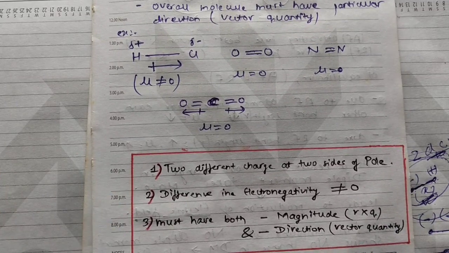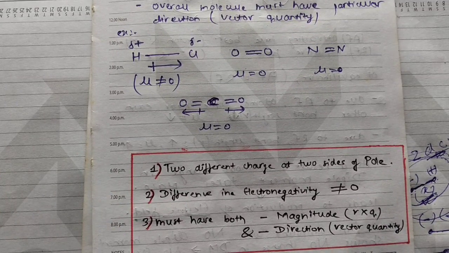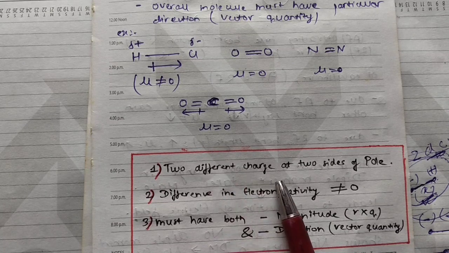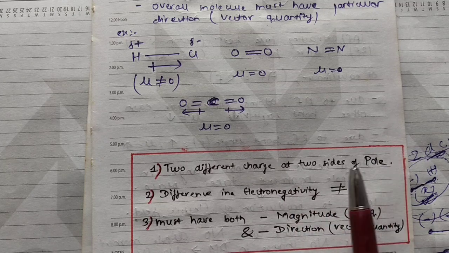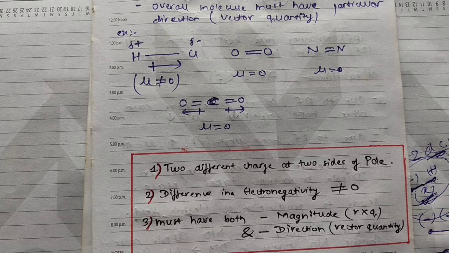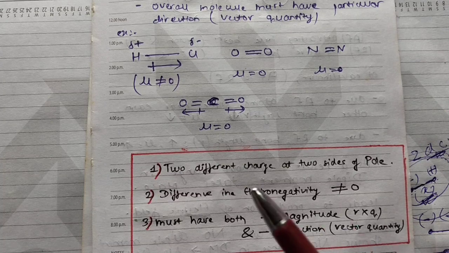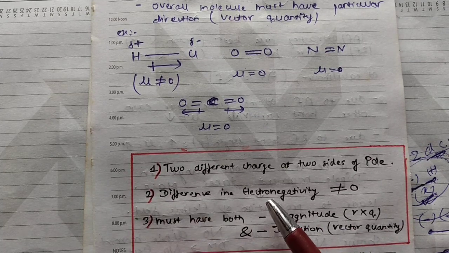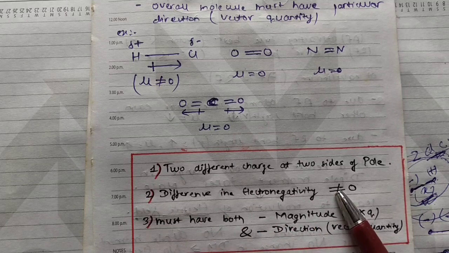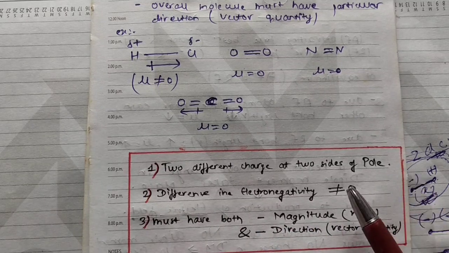First, for a dipole moment to occur, two different charges should be separated, and they should be present at the two sides of the pole. Second, on the two different ends of the pole, these two atoms should have some difference in electronegativity. The electronegativity difference must not be zero. Why?